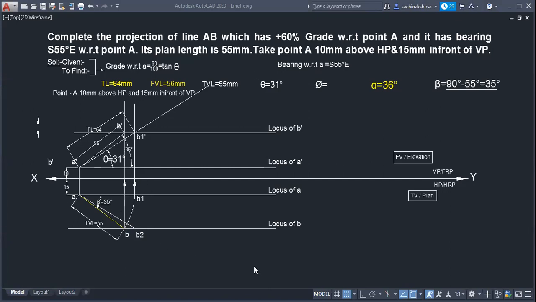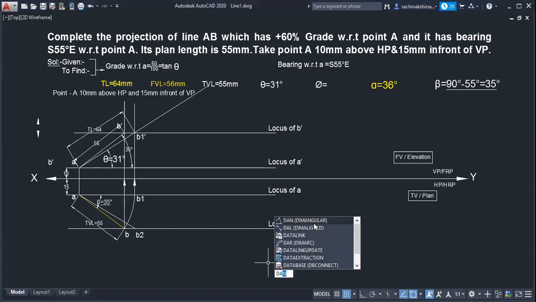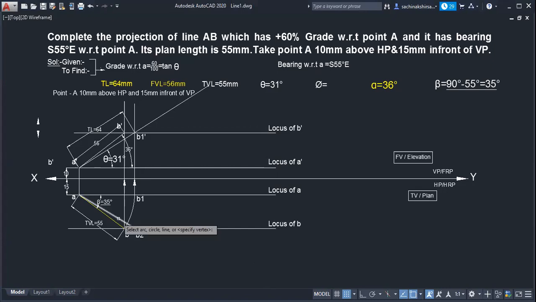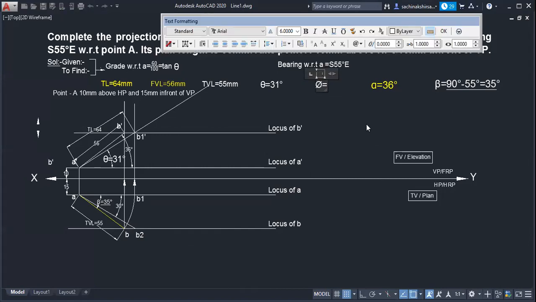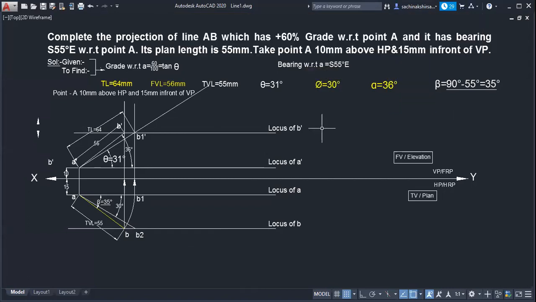We will not wait any more. 30, what is the value? 29, 29 degree. Okay. 30, no issue. 29 is also correct. 1 degree we can understand. So exactly it is 30 degree.